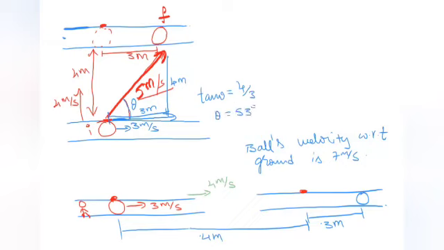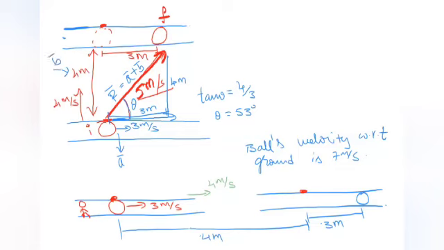Later you can check the trigonometric tables if you need. So here it was easy. Now this vector is known as the resultant vector R bar, which is equal to A bar plus B bar, where A bar is the velocity of the ball inside the pipe, and B bar is the velocity of the pipe itself.